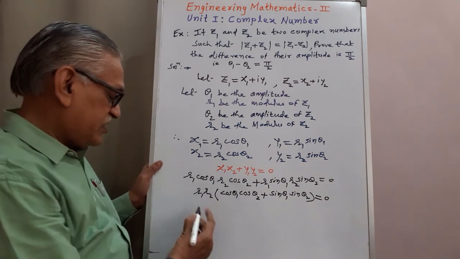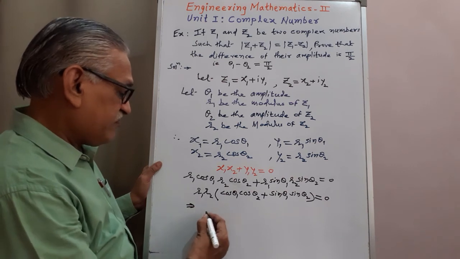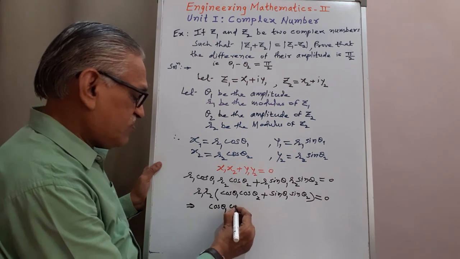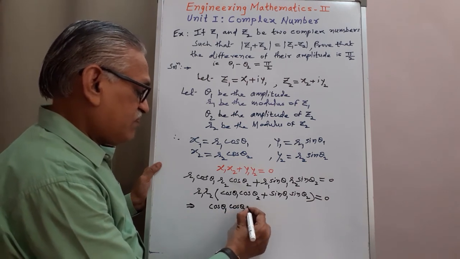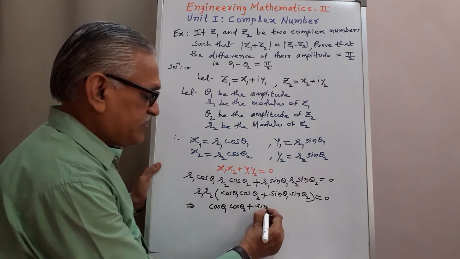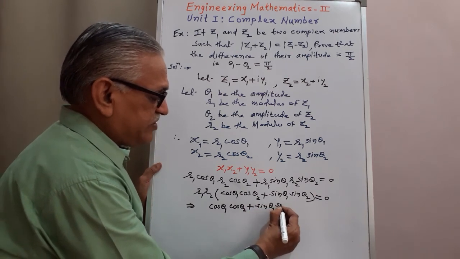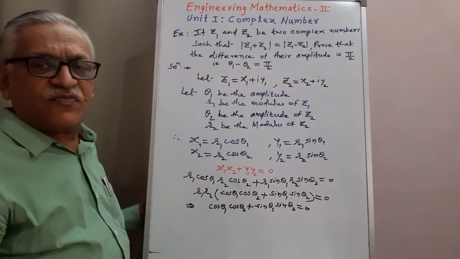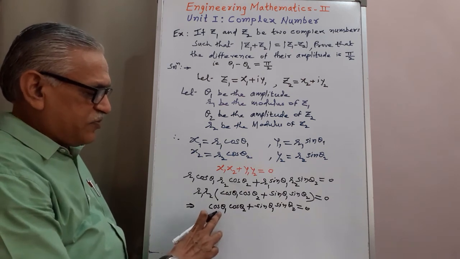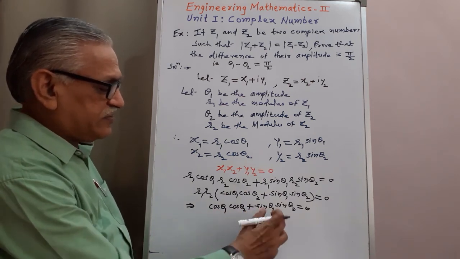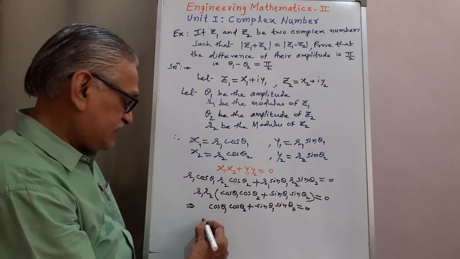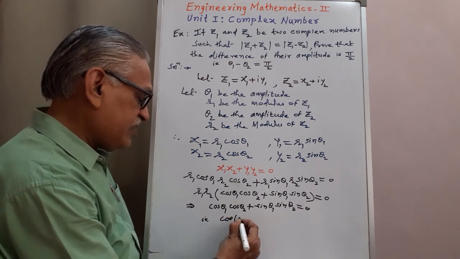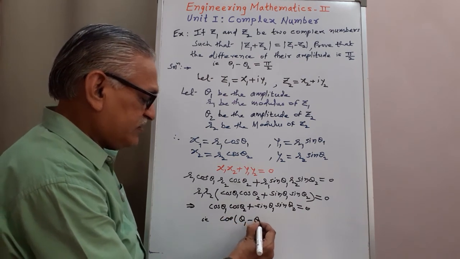Dividing by r1 r2, it implies cos theta 1 cos theta 2 plus sin theta 1 sin theta 2 is equal to 0. It is in the standard form of the trigonometric formula. Cos A cos B plus sin A sin B is nothing but cos of A minus B. Means here A is theta 1, B is theta 2.